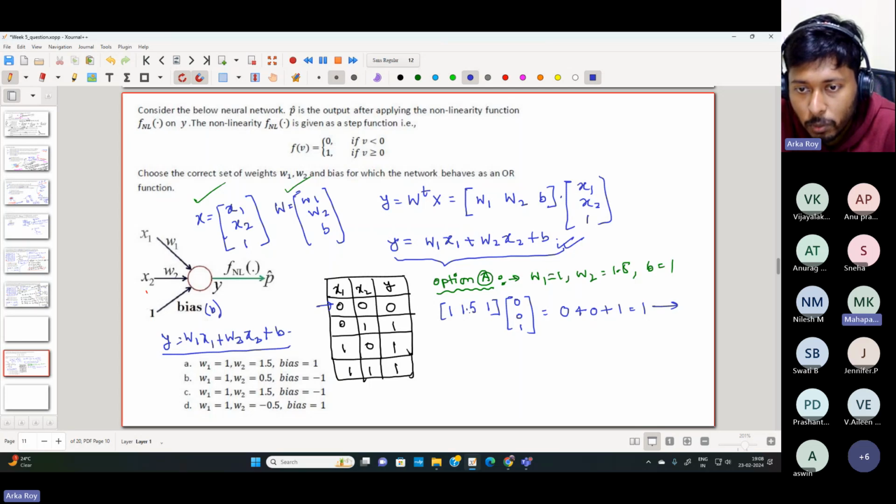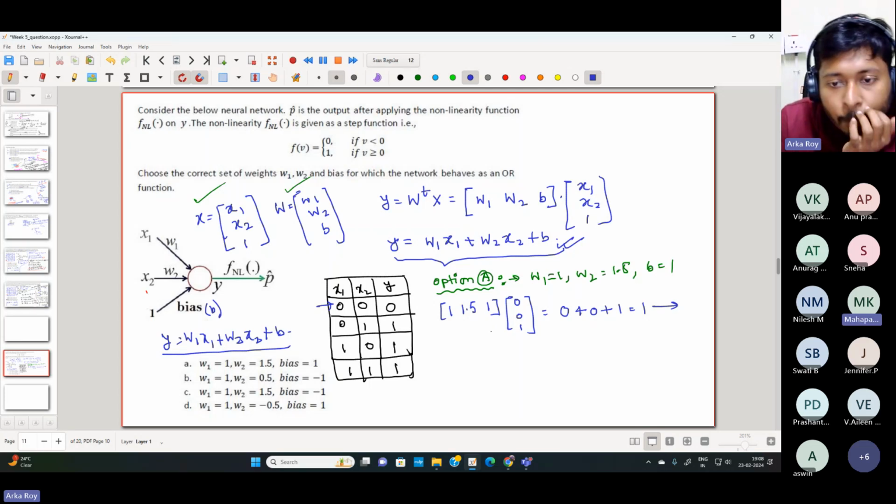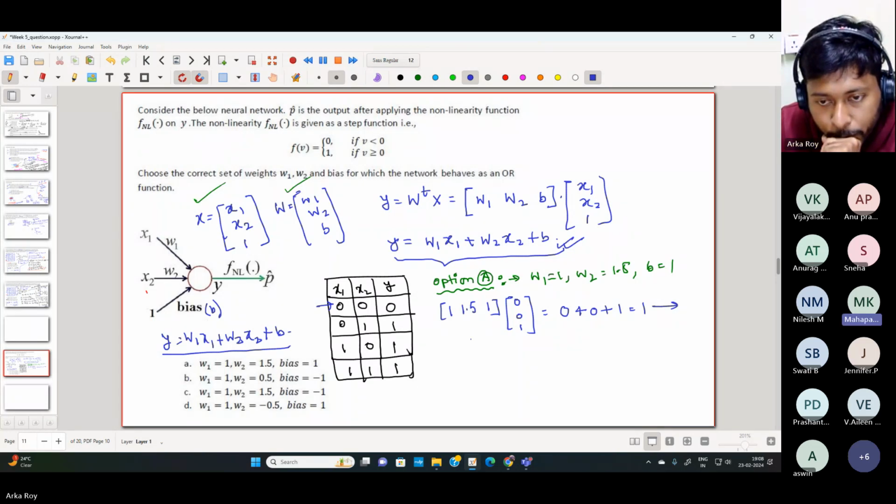Is there any issue with this particular matrix multiplication? Sir, you put the whole matrix and explain, sir.